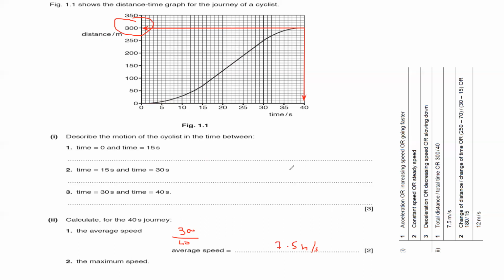Okay. Now the next part, they ask what is the maximum speed. As we know, this object is continuously changing the speed. From 0 to 15 seconds it was accelerating, then it was traveling at a constant speed from 15 to 30, and then it was decelerating.